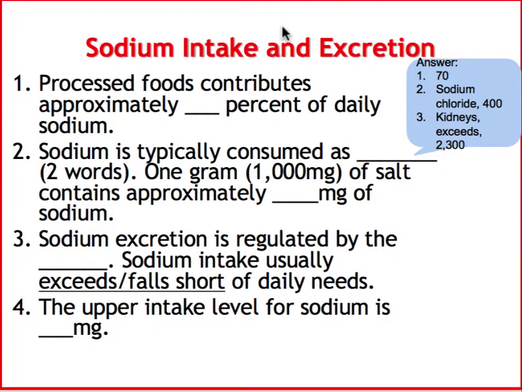Sodium is the major extracellular ion, and so it's the major electrolyte that's lost in sweat. Processed food has a significant amount of sodium as sodium chloride, because sodium chloride is a very good food preservative, and a high salt content means that the food can have a longer shelf life. About 40% of sodium chloride, or table salt, is sodium.